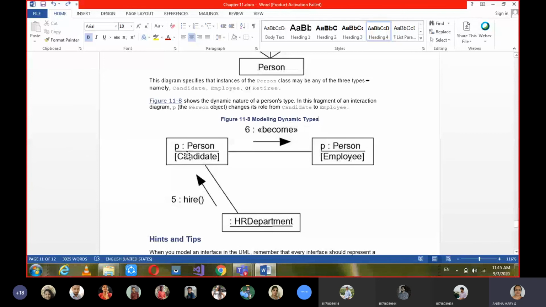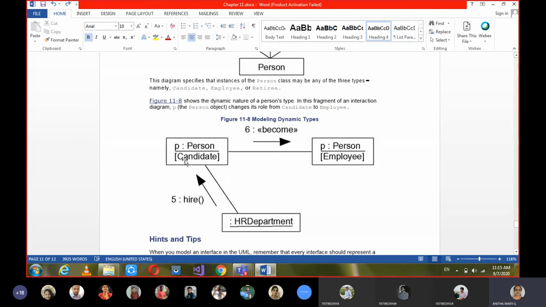So the different objects will be given as the organizational structure. Randomly these objects are placed, and which object is interacting with whom. Why am I saying interacting? You can make out from the symbol here. See, if you are very clear on the graphical notations, easily you can say. So now what can I say? Here the HR department instance is going to hire a person who is a candidate.